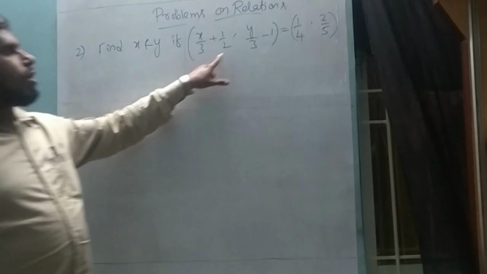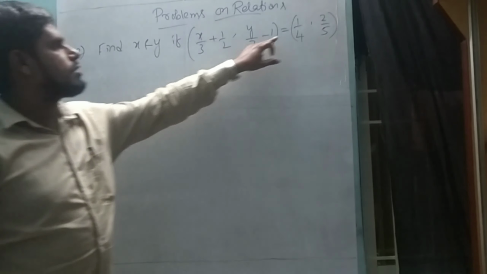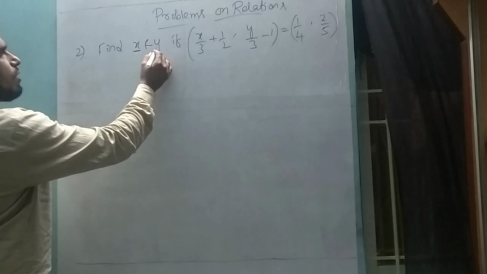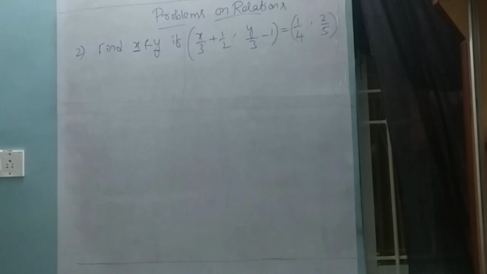Here also there are two ordered pairs, and they say this is equal to this ordered pair. Again, the concept is the same. We should find the values of x and y. Let us see how we can find them.